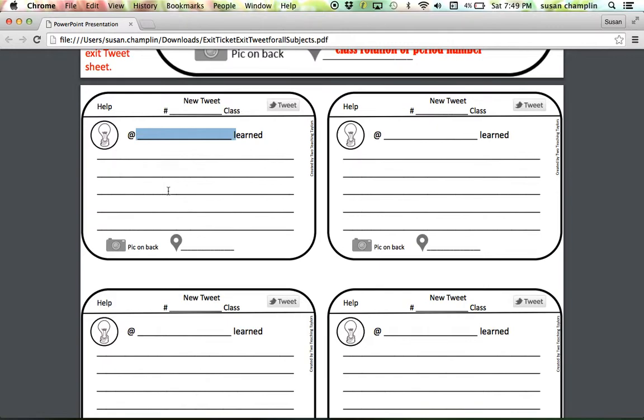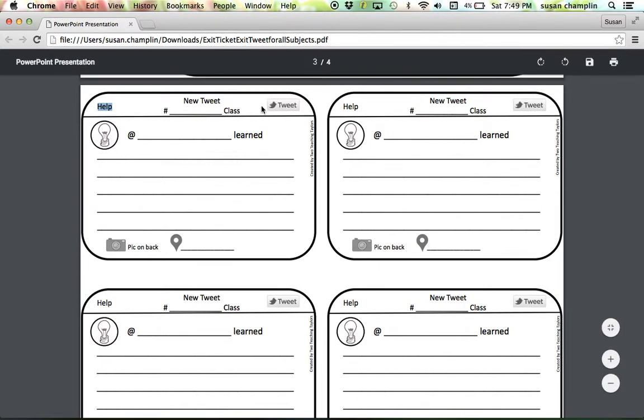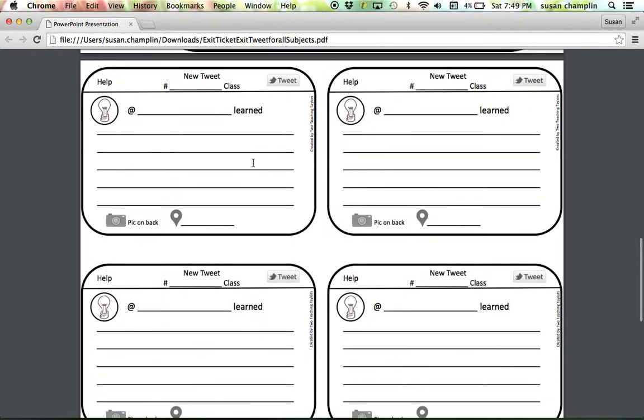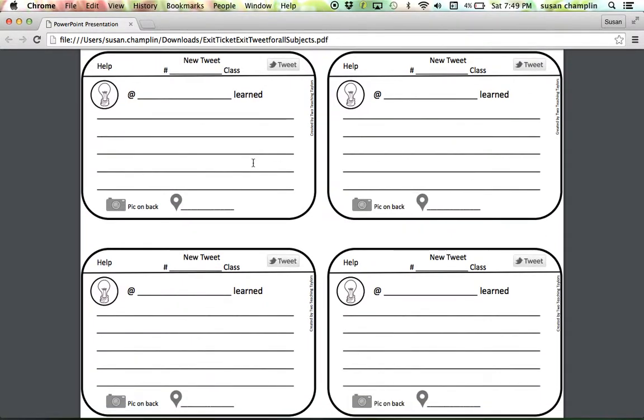If the students are feeling lost and like they need more help, they can circle the help up here. Or if they feel like they've got it figured out pretty well, then they circle tweet. And then I know just by glancing at it if they feel like they understand what's happening or if they need a little bit more help. There's also an option for them to draw a picture on the back to help illustrate if that's needed.